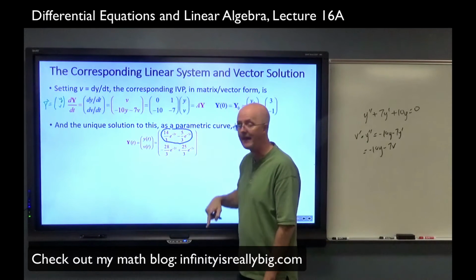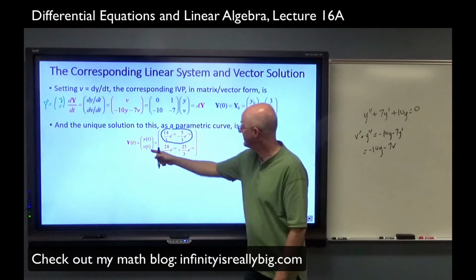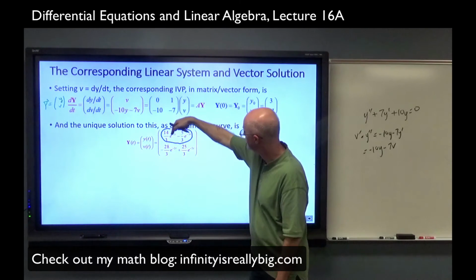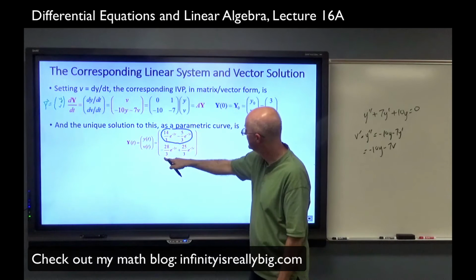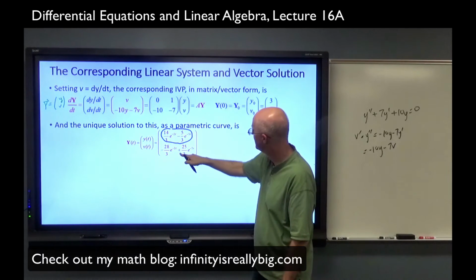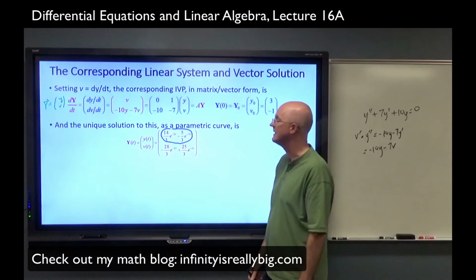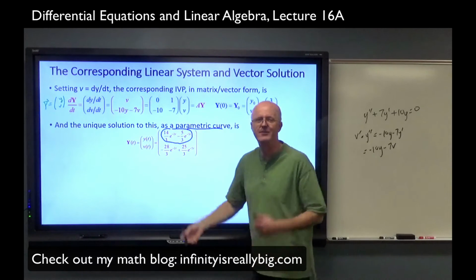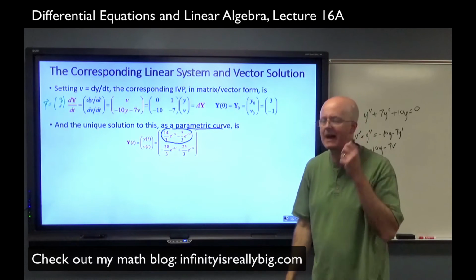That is little y. Differentiate it to find the velocity and put it in the second component. The derivative of this gives you an extra factor of negative 2. Negative 2 times 14/3 is negative 28/3. Differentiating this, you get an extra factor of negative 5, giving you a plus 25/3 e^(-5t). That is the solution as a parametric curve, as a vector-valued function of t, time.